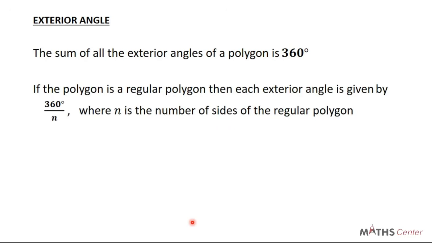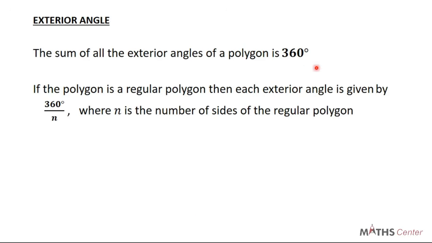But if the polygon is a regular polygon, because we know that for regular polygons the interior angles are equal, the exterior angles are also equal. Each exterior angle is equal. So if the polygon is a regular polygon, then each exterior angle is given by 360 degrees divided by n.